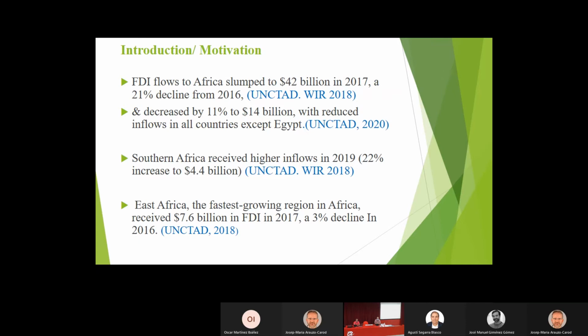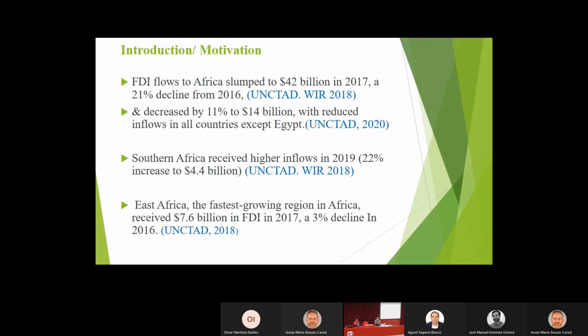FDI flows to Africa slumped to 42 billion in 2017, a 20% decline from 2016, and decreased by 11% to 14 billion with reduced inflow in all countries except Egypt. This is the point we can also focus on.